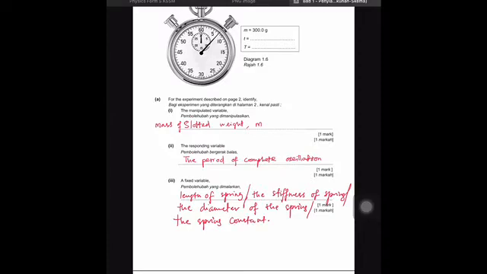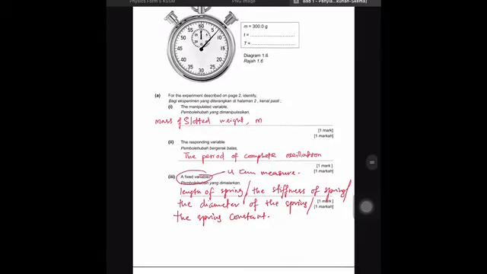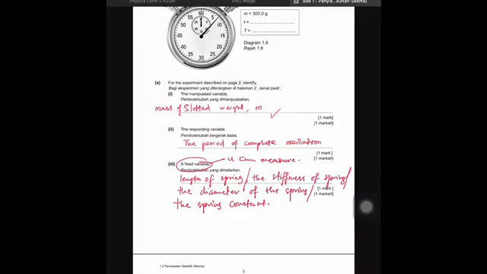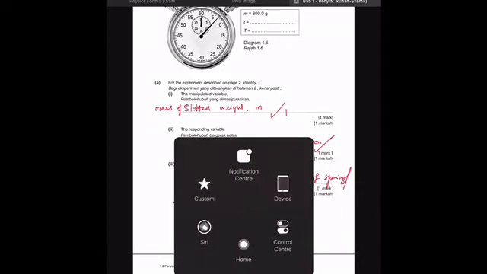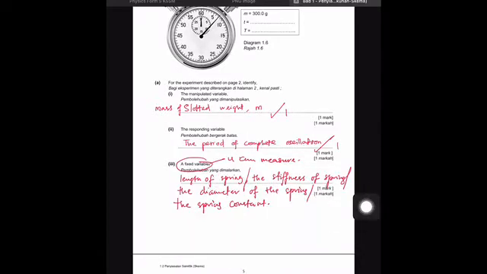The fixed variable must be something that you can measure. Don't give something that you cannot measure. For physics, we cannot take that into account. Clear or not? So that's how you get 1 mark, 1 mark, and 1 mark. Even though you have more answers here, you only need to write one answer.